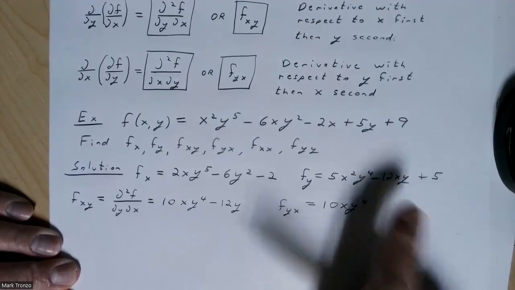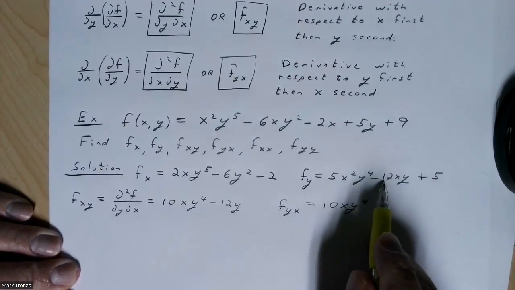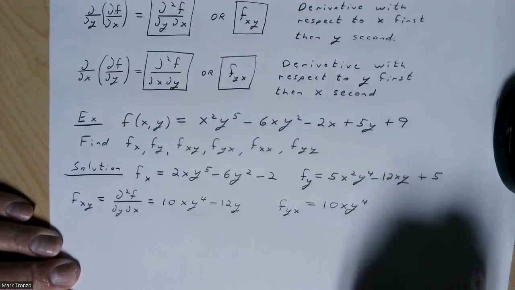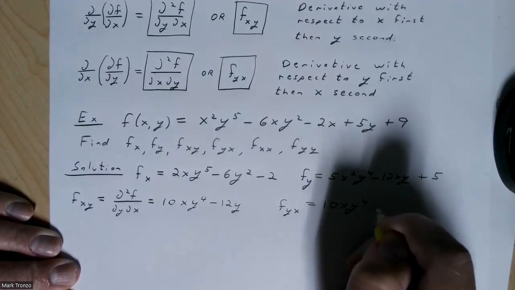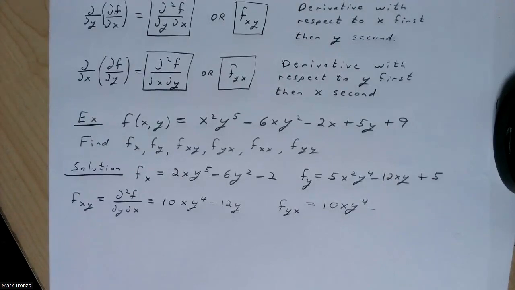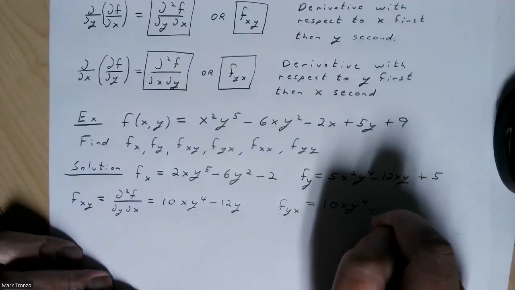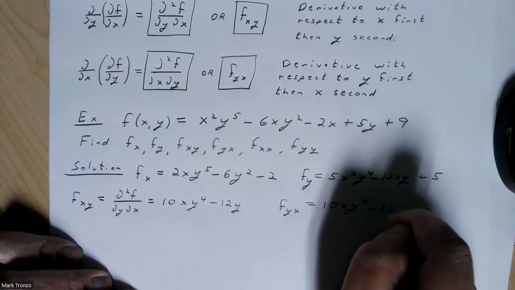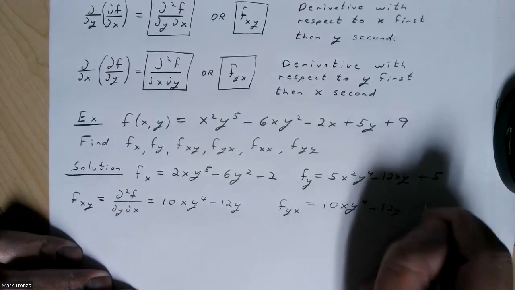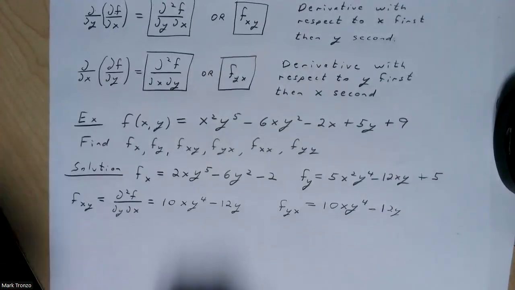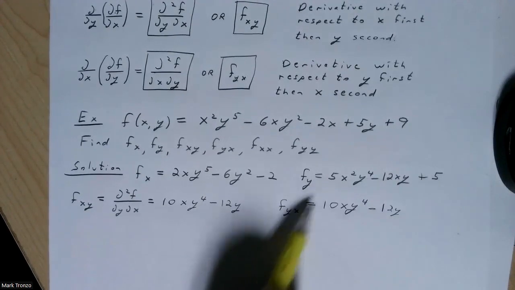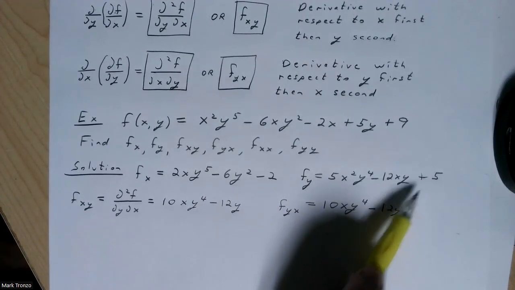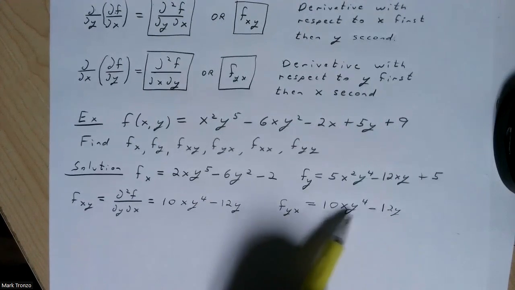And then the derivative with respect to x here will be minus 12y, and that's 0. So again, do y first, which we did, then take the derivative of this with respect to x.